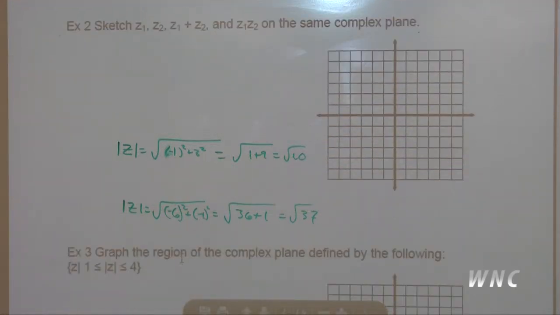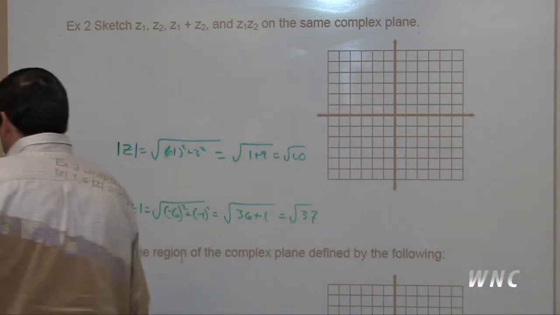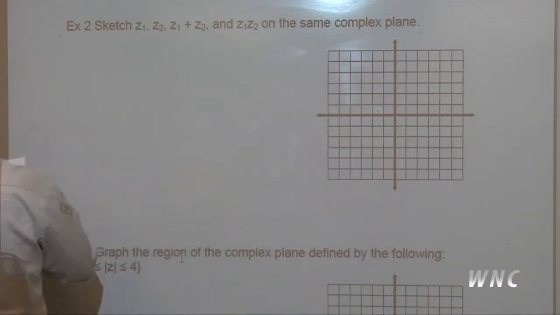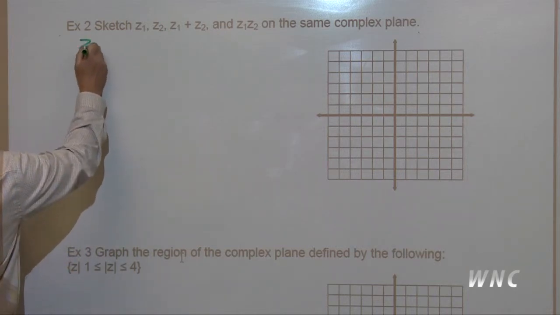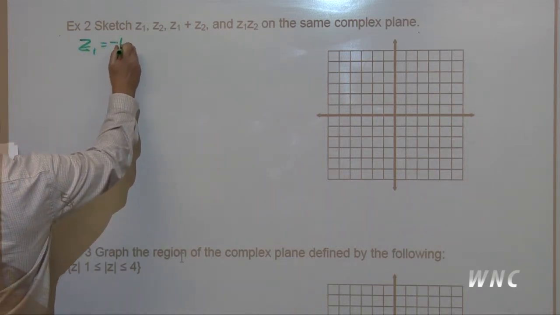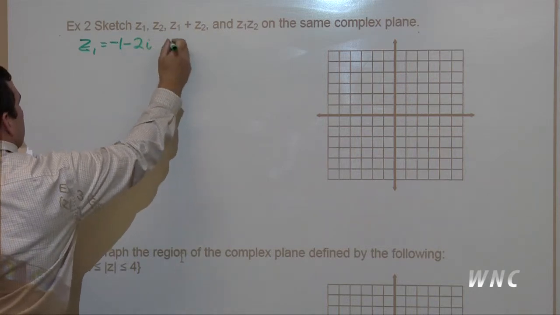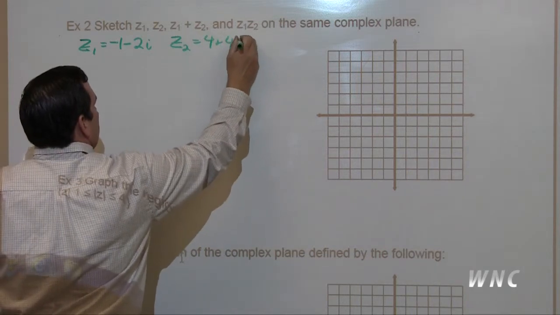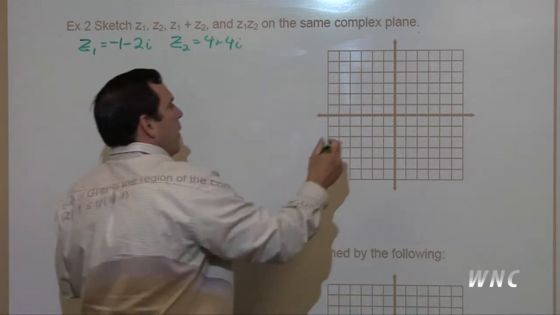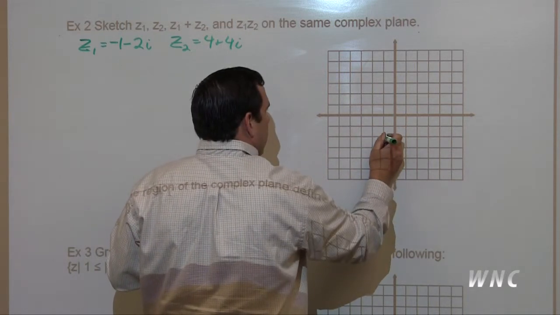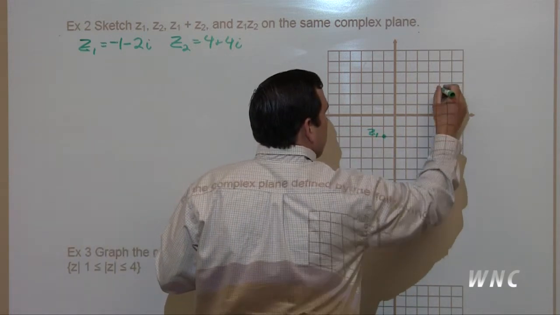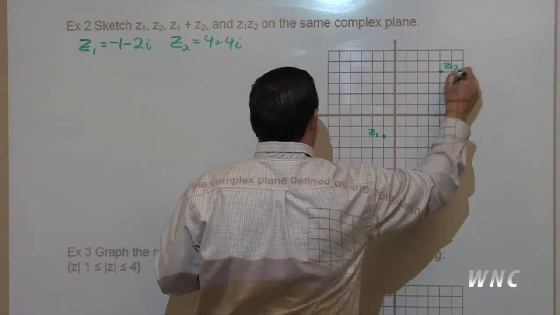So for example 2 here, we're going to sketch z1, z2, z1 plus z2, and z1 times z2 on the complex plane. z1 is negative 1 minus 2i, and z2 is 4 plus 4i. So negative 1 minus 2i, that's z1. 4 plus 4i, that's z2.